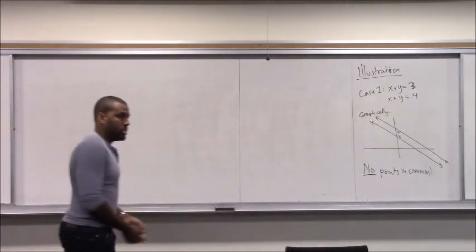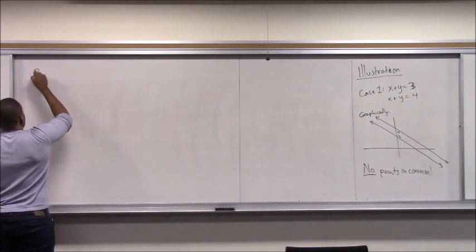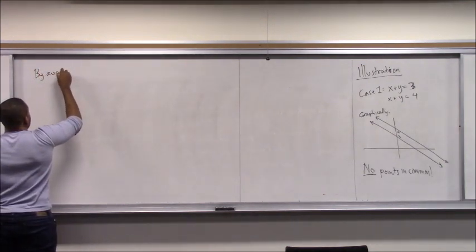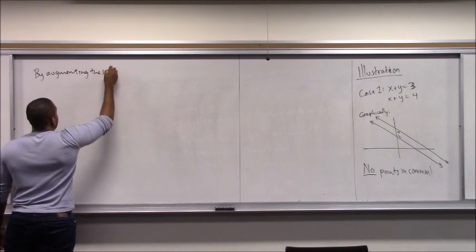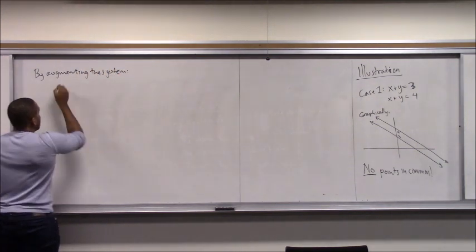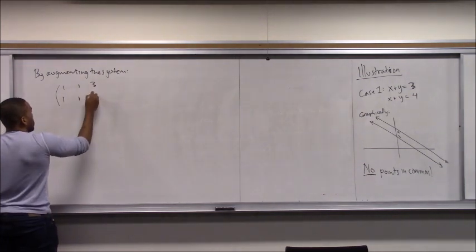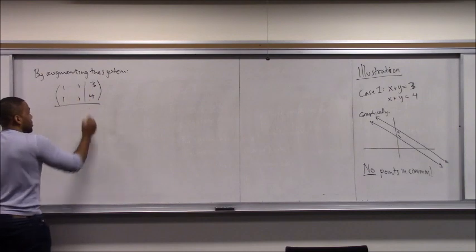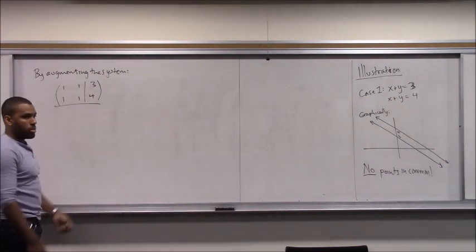But here's what's easy. You can augment the system. Here's what you'll notice. Here I would have 1, 1, 3, and I would have 1, 1, 4. And again, no matter how many variables I have, I just make this bigger.